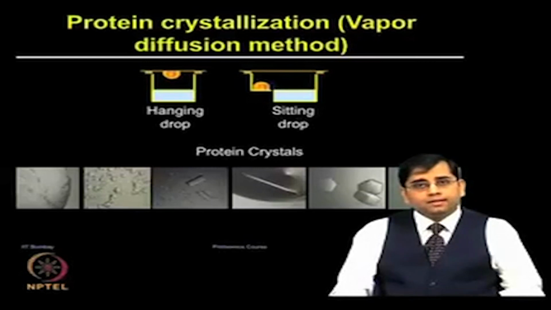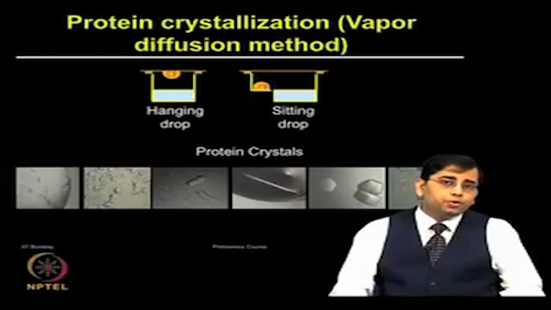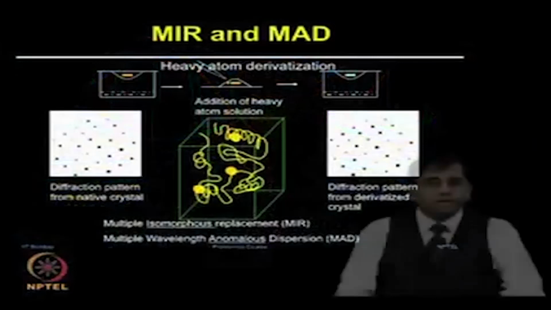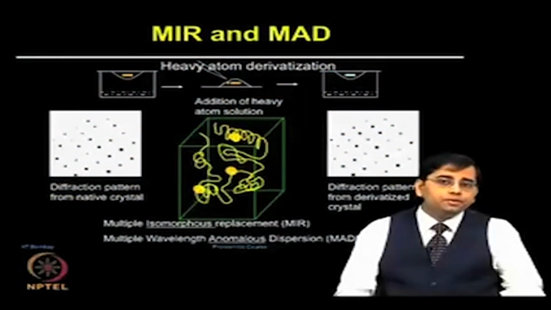The protein crystals are irradiated with X-rays producing diffraction patterns that ultimately provide amplitudes and positions of scattered waves. Multiple isomorphous replacement (MIR) and multiple wavelength anomalous dispersion (MAD) methods are primarily used to resolve the structure in the form of an electron density map.